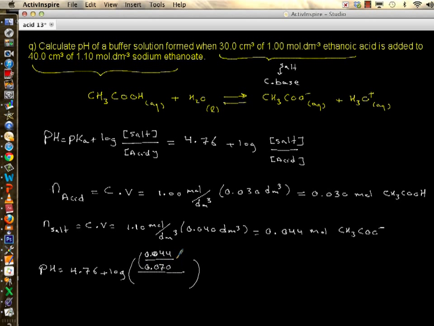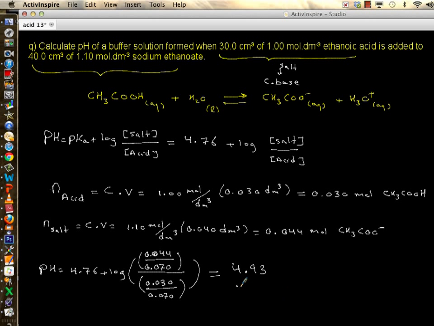So this is my concentration of the salt. Now concentration of the acid is moles of the acid, which is 0.030 divided by the total volume, 0.070. But if you note, the volume cancel each other out, or you can just include it. And if you do it gently, you will get pH equals 4.93.